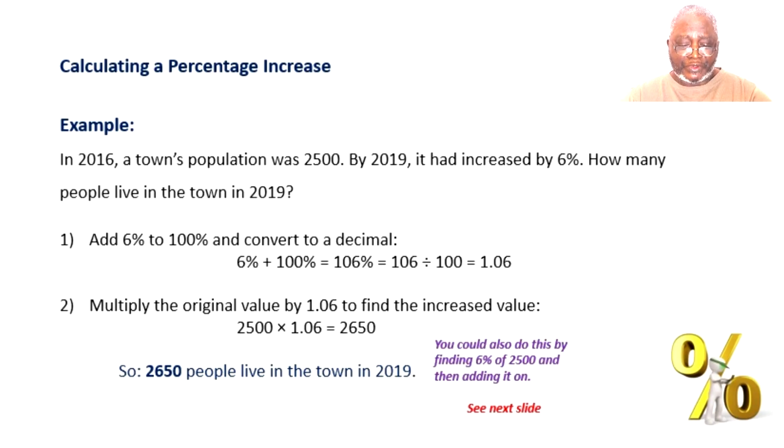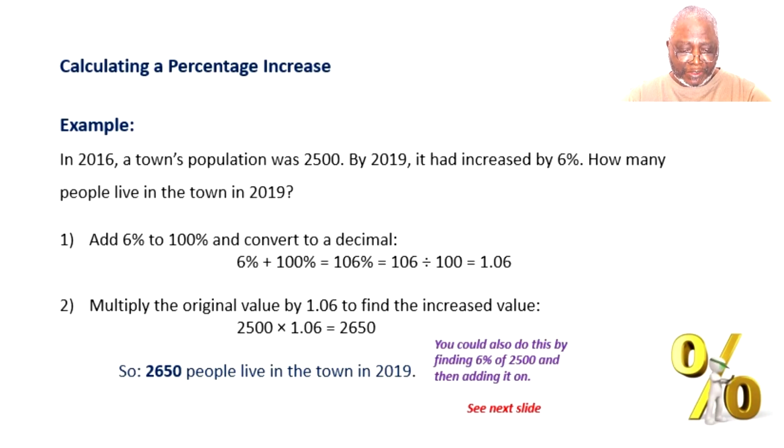By doing that, you'll have 106%. And then you divide 106 by 100, you'll have 1.06. Multiply the original value by 1.06 to find the increased value. So multiply 2,500 by 1.06, which is 2,650.